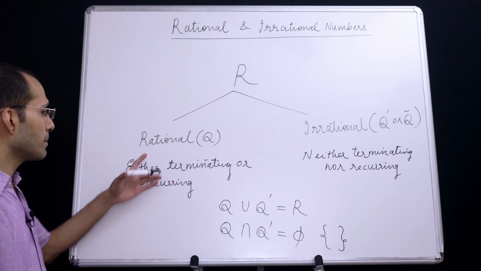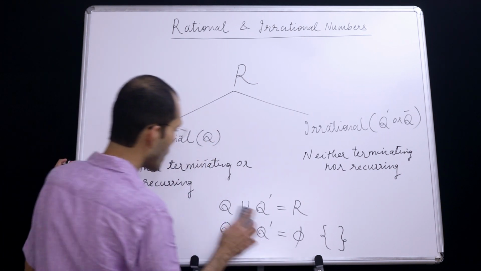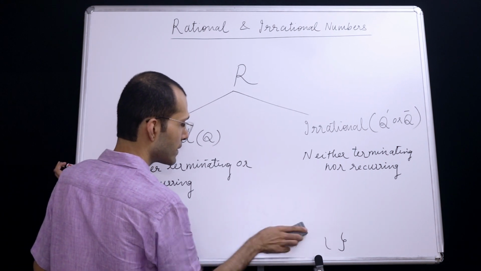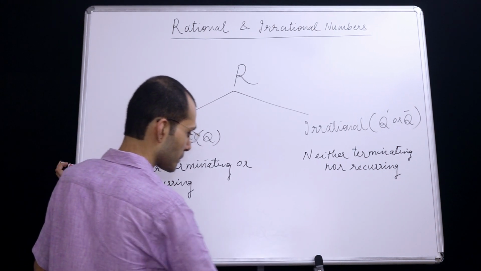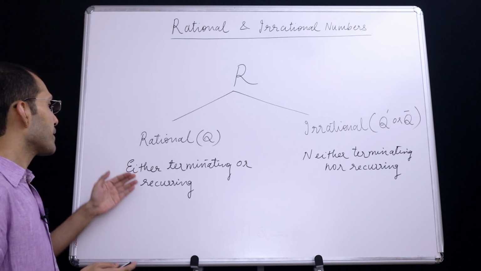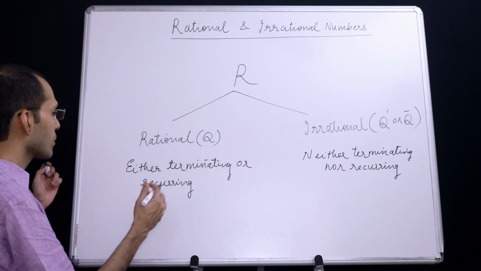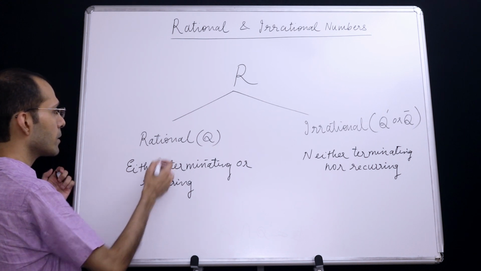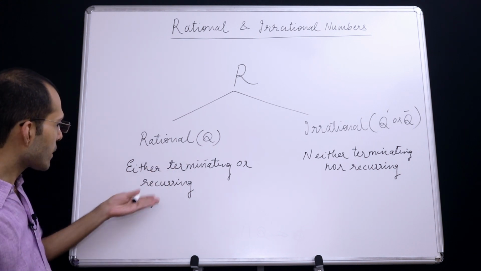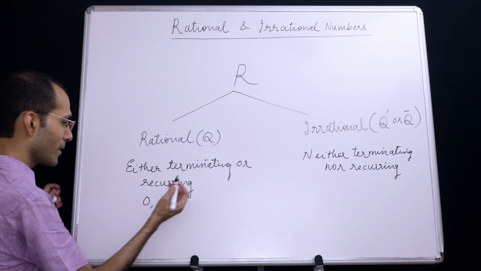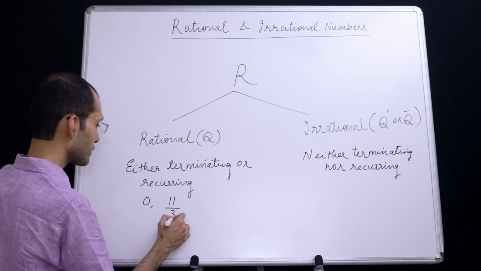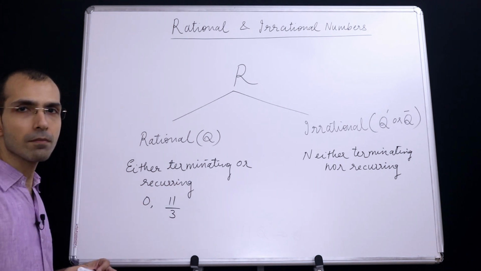Now let us see some examples of rational numbers and of irrational numbers. See, here we have said either terminating or recurring. So 0 is a rational number. It is terminating. 11 by 3. It's a fraction.